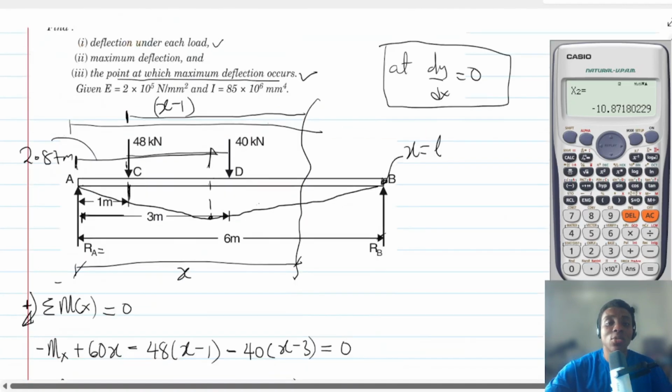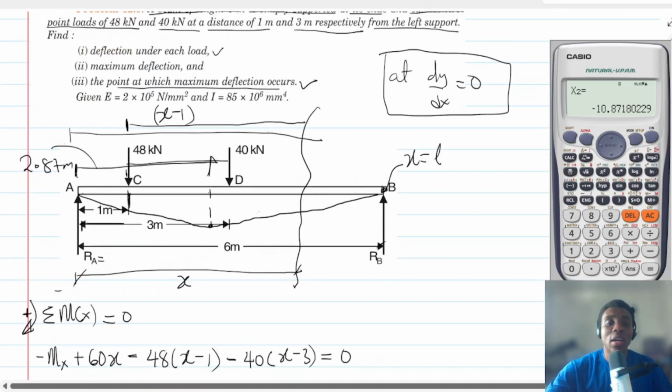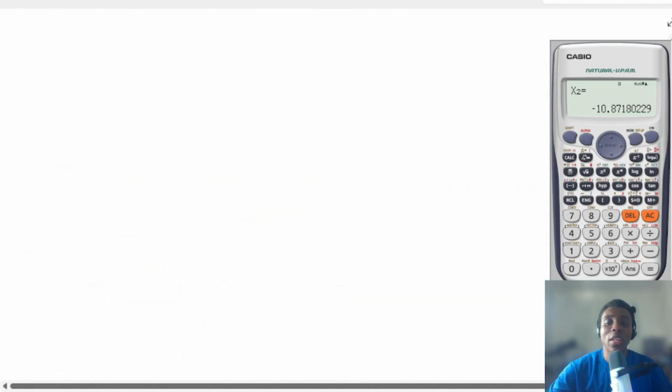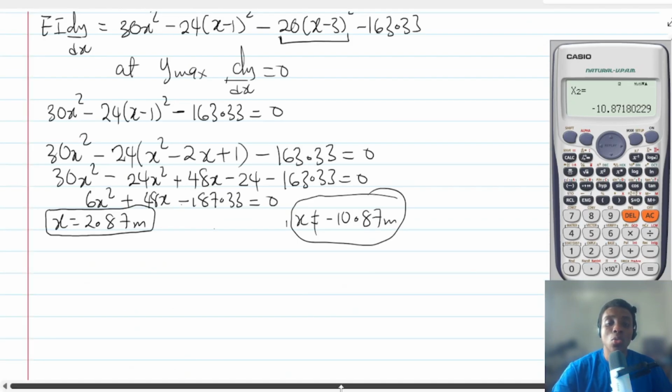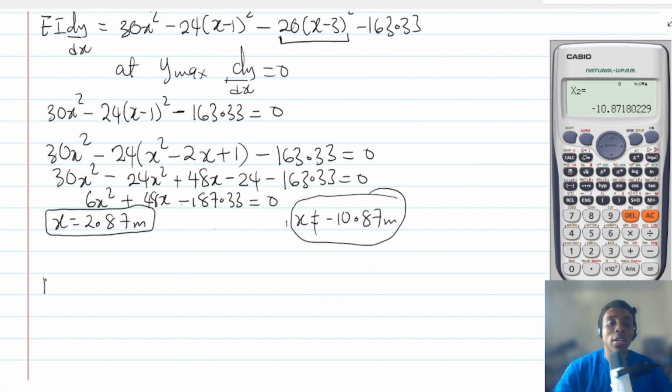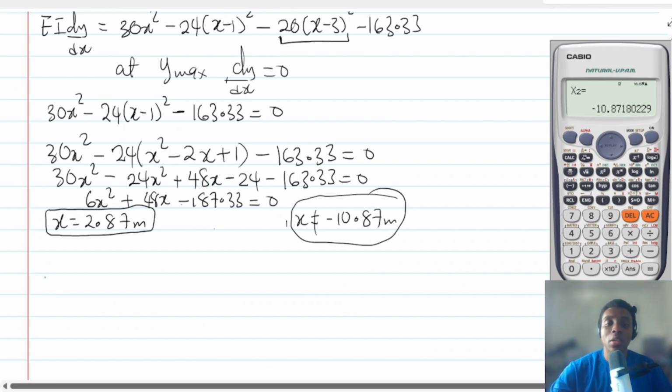So now let's put it into the equation and calculate the maximum deflection. To get the maximum deflection, you put the x that you got into the equation, which will give you the maximum deflection. What is the deflection equation again?